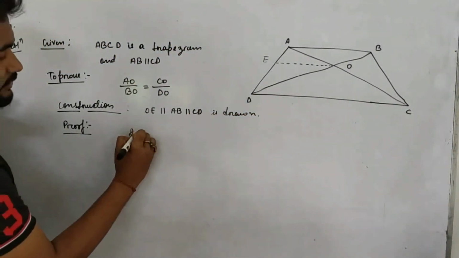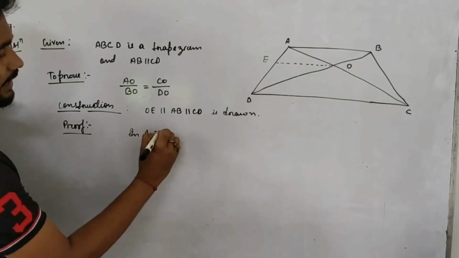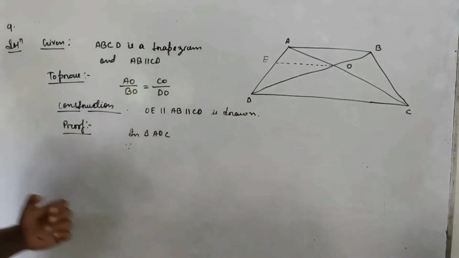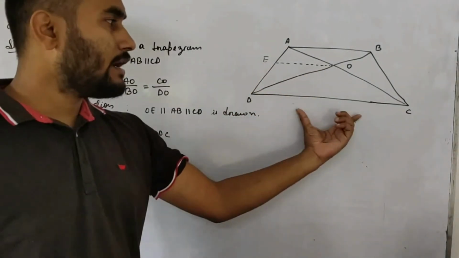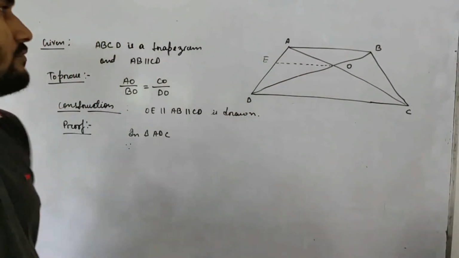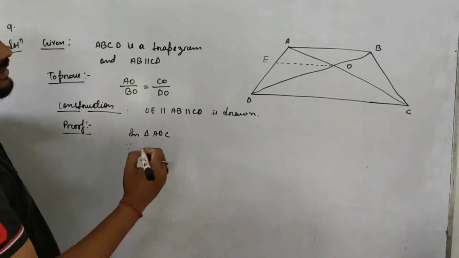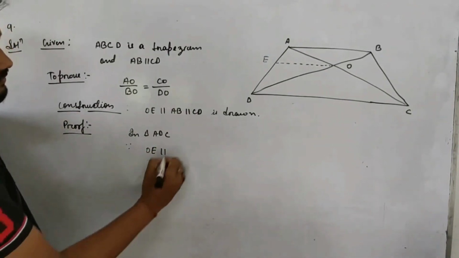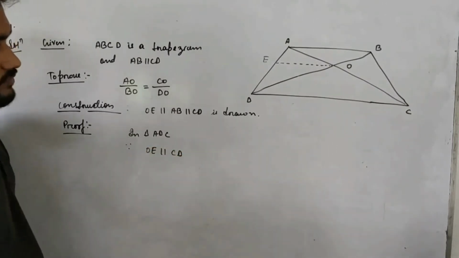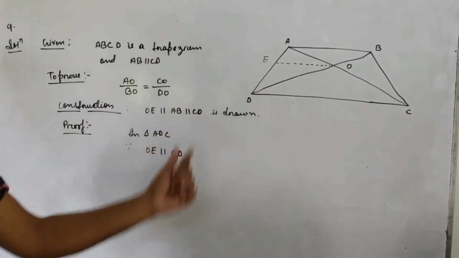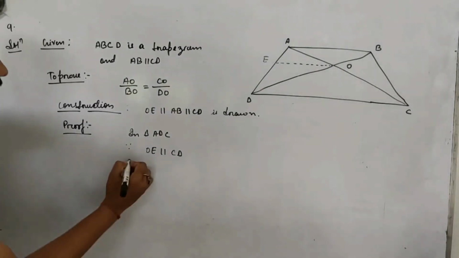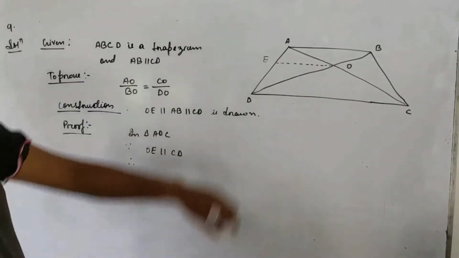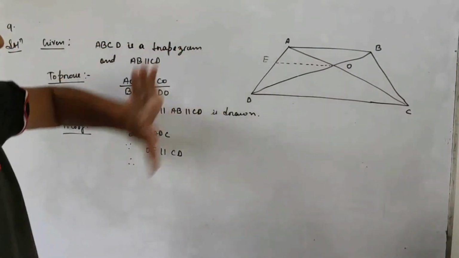So in triangle ADC, since OE is parallel to CD, I can use the Thales theorem. What will be the Thales theorem? AE by ED. See, try to understand.